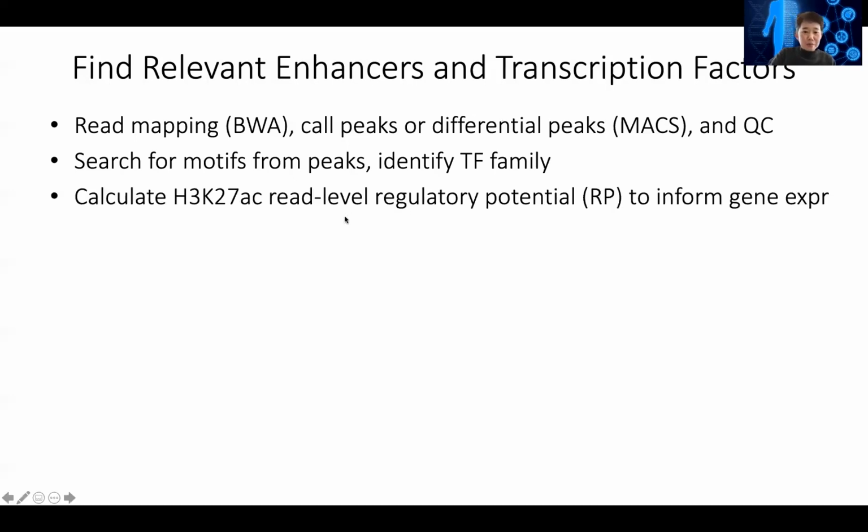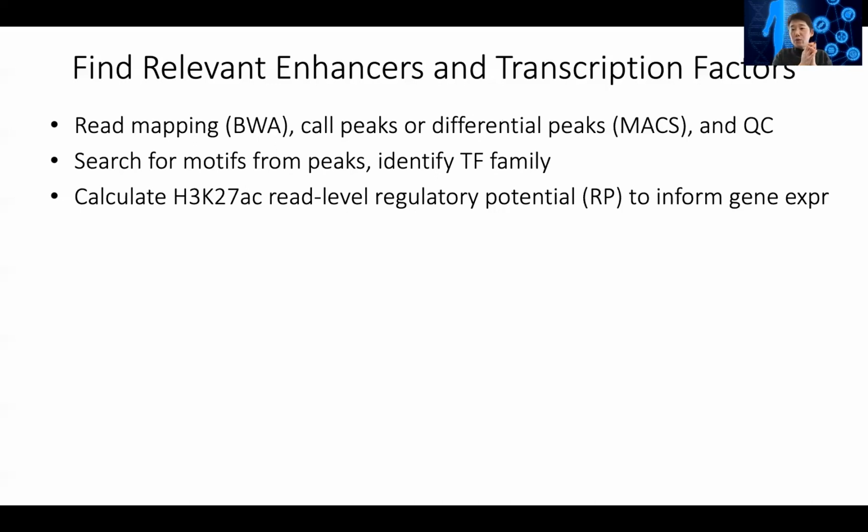And then using the K27 acetylation at the read level. So actually, if you remember the transcription factor binding lecture, we talked about regulatory potential, which is we weigh the ChIP-seq signals from nearby regions, say within 100 kb with an exponential decay, to decide how much a binding site will have effect on the nearby gene.